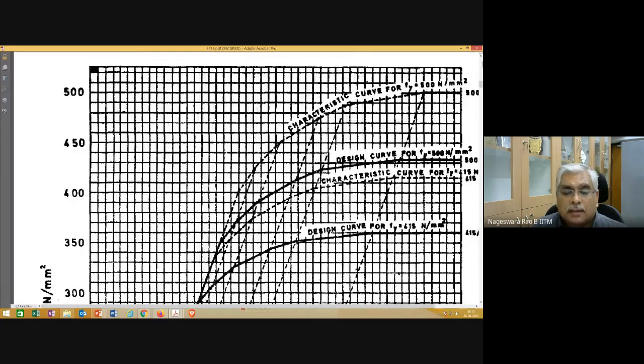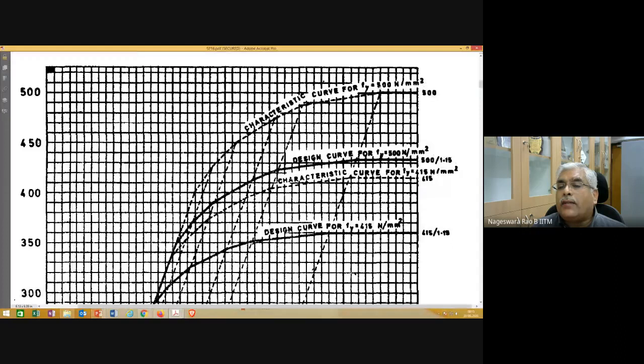So you can see here, this curve is for Fe500, and the corresponding design curve is obtained by dividing 500 by 1.15, and you are going to get this design curve for Fe500. Similarly, Fe415 steel and the design curve for Fe415 steel.